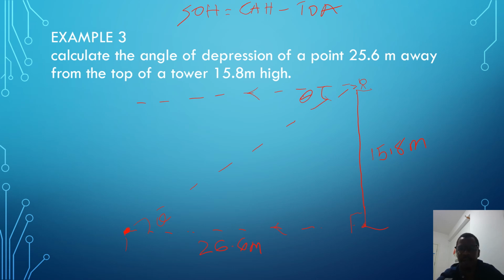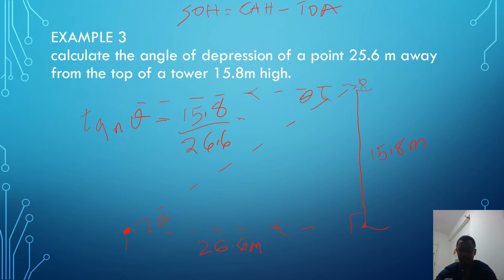They are alternate angles. Okay, so we just find that. So tan theta should be equal to opposite, which is 15.8, over adjacent, which is 26.6 meters. You can divide that, find the value, then you take tan inverse.